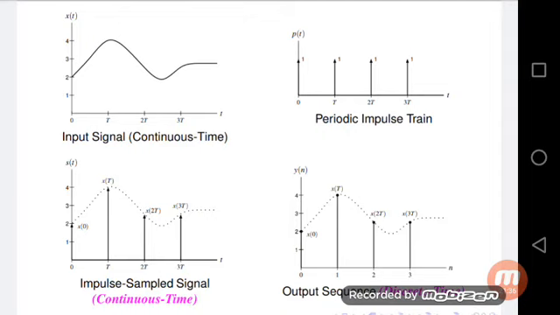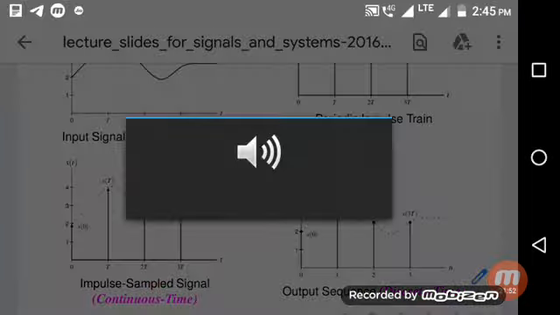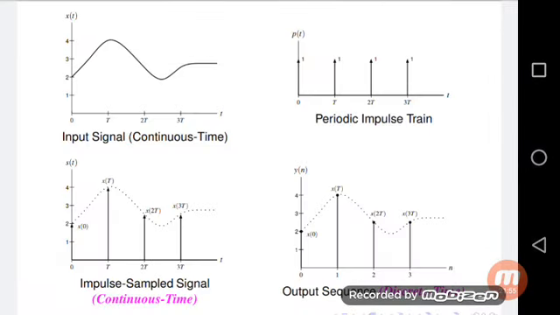So in the periodic impulse train, no sine wave will be appearing. Why? Because the sine wave is converted into different forms, and after that the step sizes are also adjusted equally. There are no up and low sizes.